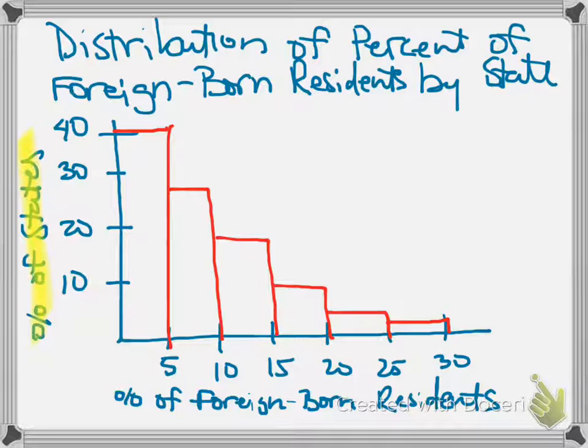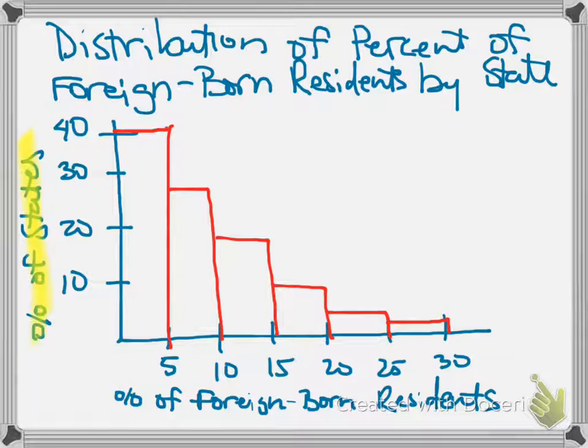Obviously, though, there are some differences between histograms and bar graphs. First of all, the major difference is that a bar graph is only going to be used to represent categorical data, whereas histograms are only going to be used to represent quantitative data. So that's a pretty important distinction to be aware of.